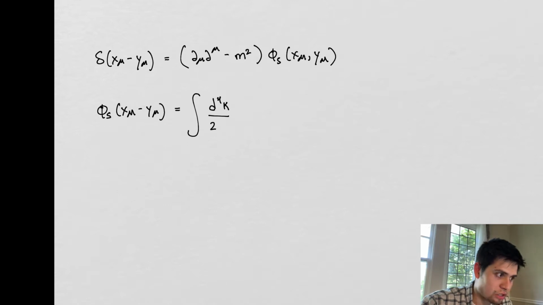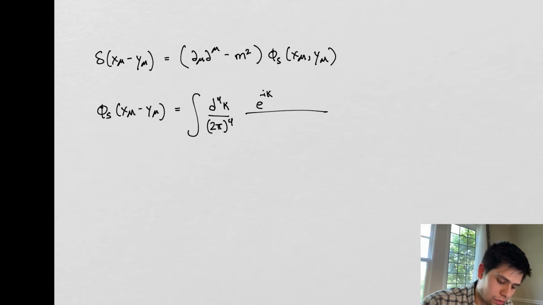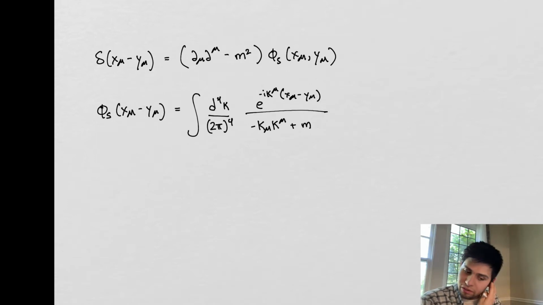We have this normalization factor, and then we have this sinusoidal, or this oscillating function, e to the minus i k mu, x mu minus y mu, over k mu squared plus m squared.